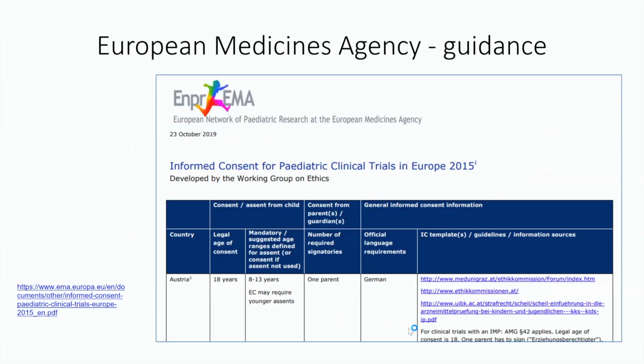And also very useful for people working in international collaboration, they also have a document, which is quite old and hasn't been updated yet, where they say what the legal ages of assent and consent are in different European countries, which I think is also very relevant, and it's probably relevant for the research of children in media.